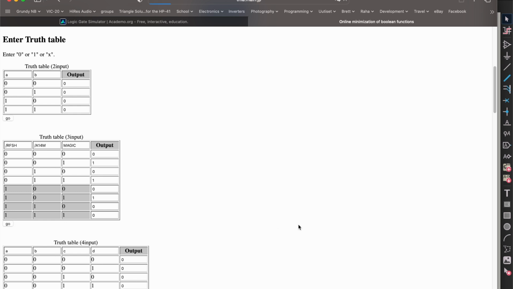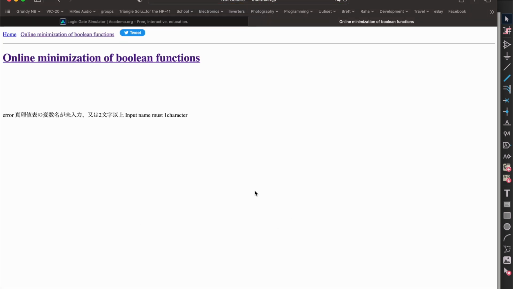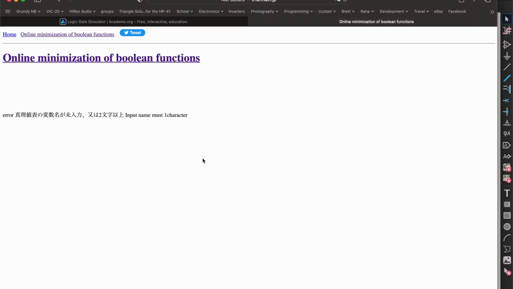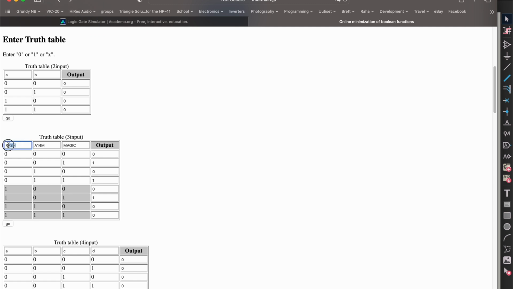So let's see if we can. It doesn't like me putting the slash here, I think. All right, let's try that again. Input must be 1 character. Okay, so we'll call that R for refresh.